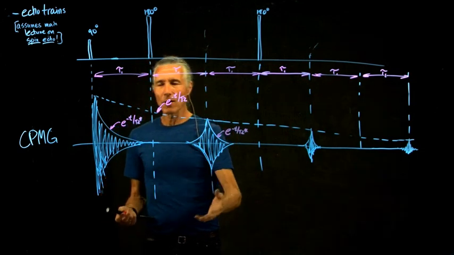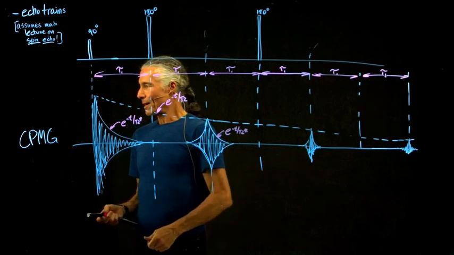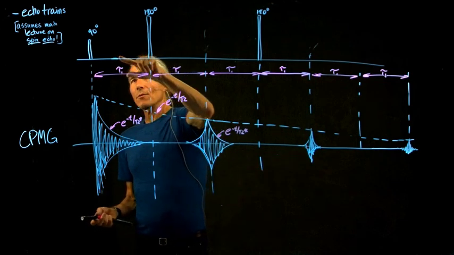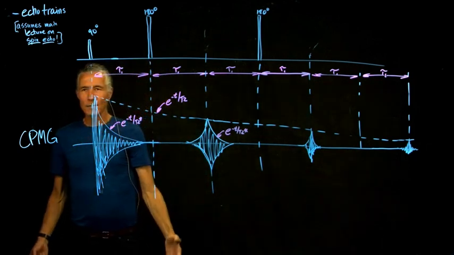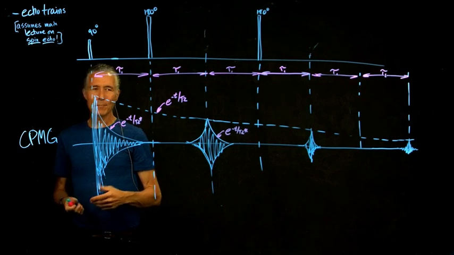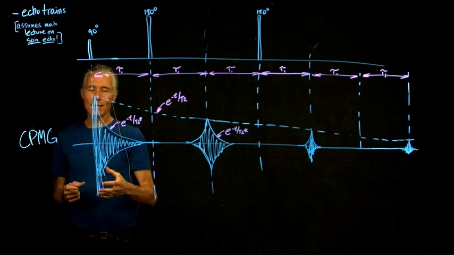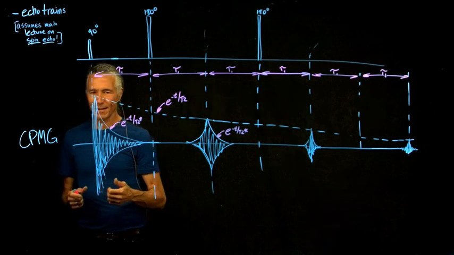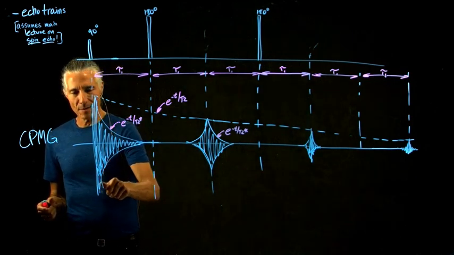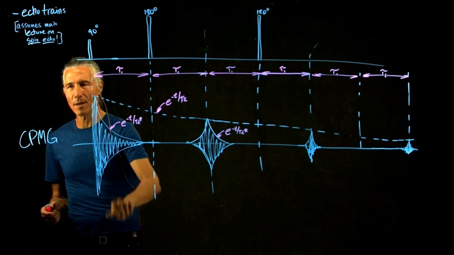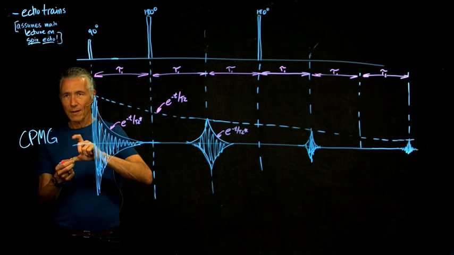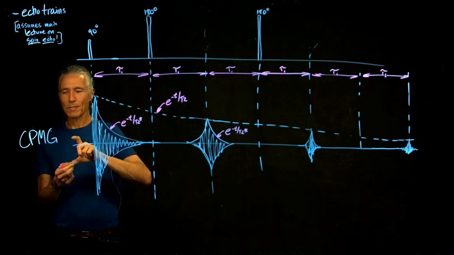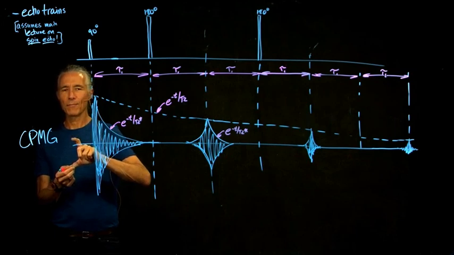So why throw away all this magnetization that's still there? When I say throw away, one of the things you have to consider is that if you're trying to record something that is T2 weighted, you don't want it to also be T1 weighted. And if you don't want it to be T1 weighted, then you have to wait a long time before you do another pulse, because we want to allow all the magnetization to recover back up to the equilibrium magnetization, so there's no differences between the different tissue types when we do our RF pulse.